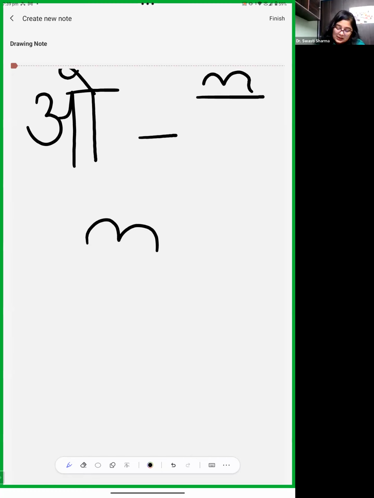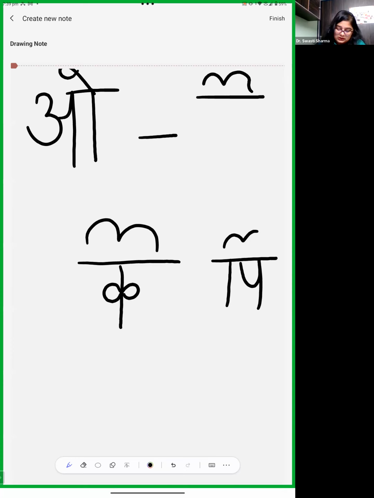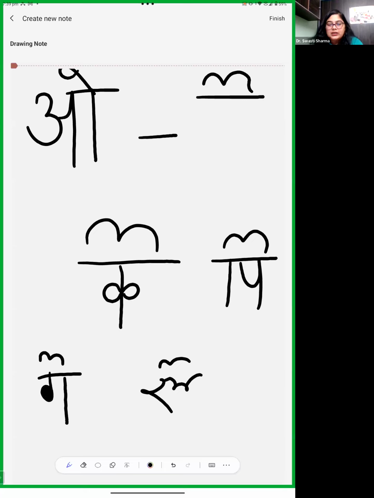If there is the letter K, this is ko. Sometimes this matra touches the line, but mostly it doesn't. If we see this shape, it indicates the matra of O. These are ko, kho, go. It is very simple. If some letter doesn't have the shirorekha, we don't care, we just make this shape only.